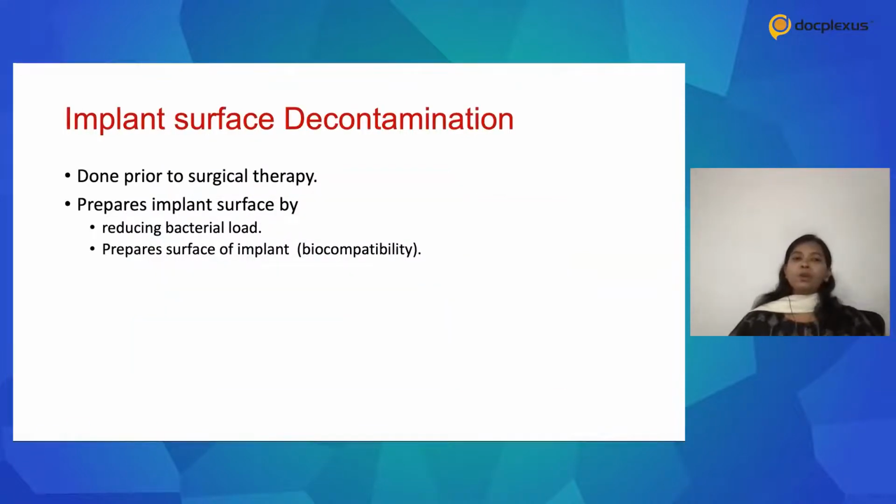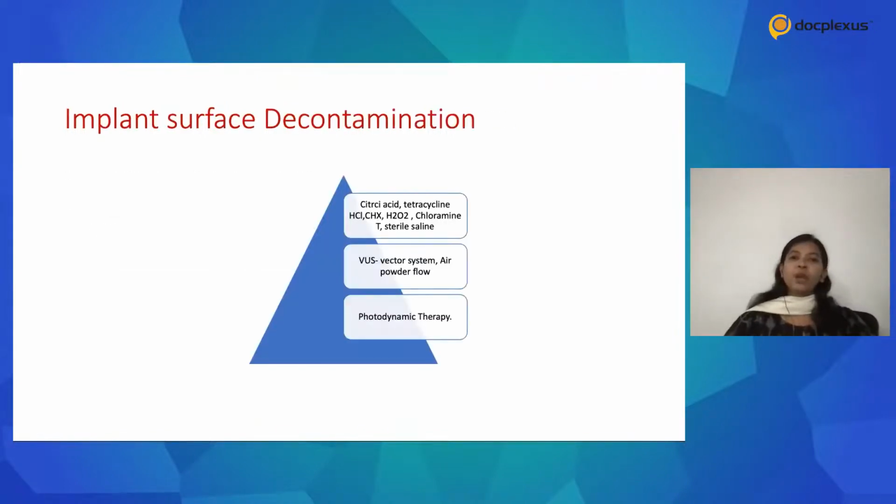Next, one important topic is your implant surface decontamination. This is done prior to surgical therapy. When you do a surface decontamination with the help of a vector system or with the help of amino acid glycine air polishing, you might be able to have a reduced bacterial load, and it will also prepare the surface of the implant for the next regenerative procedure to happen.